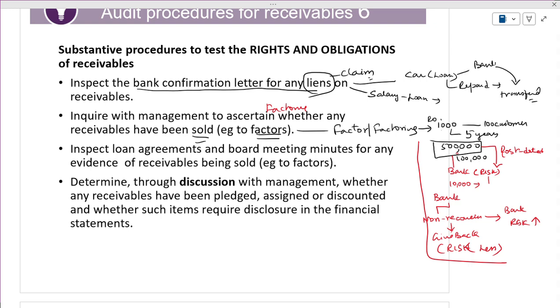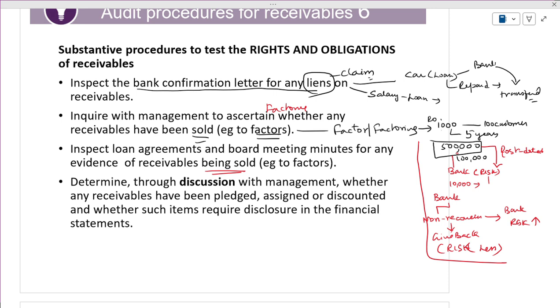Inspect any loan agreements and minutes for any evidence that the receivables have been sold. Any agreements or minutes where the receivables are sold to factors, because that's the most important thing. When you have sold to factors, what are the terms and conditions?